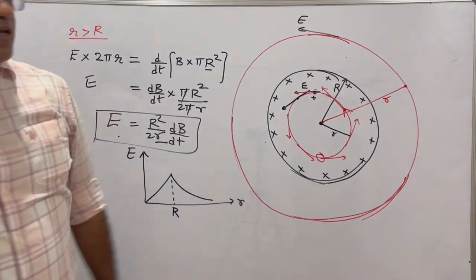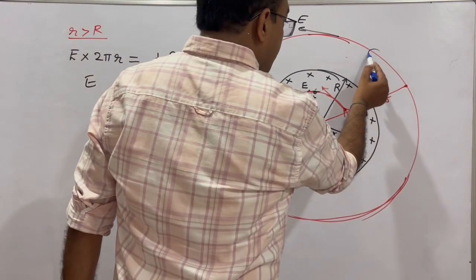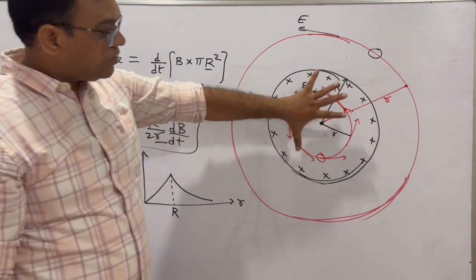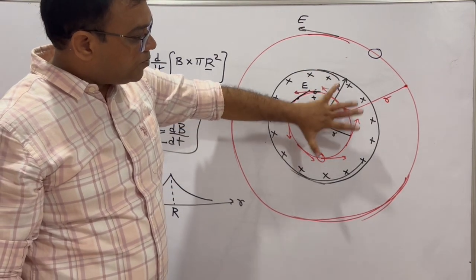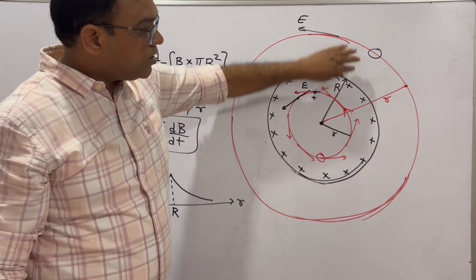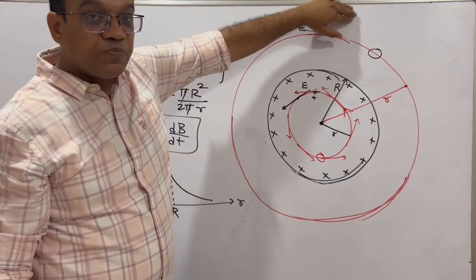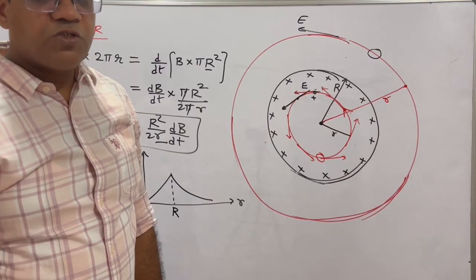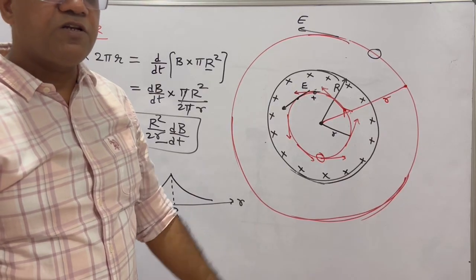Now you see one very important thing. Is there any magnetic field present here? No, magnetic field is present only up to here. In this region, there is no magnetic field, but still the induced electric field is there.